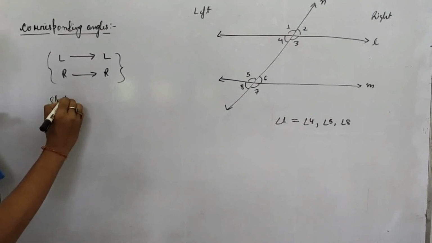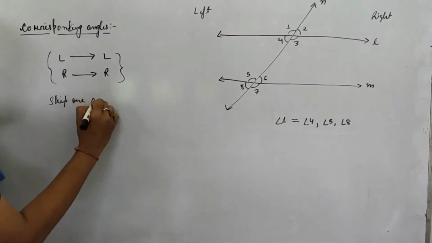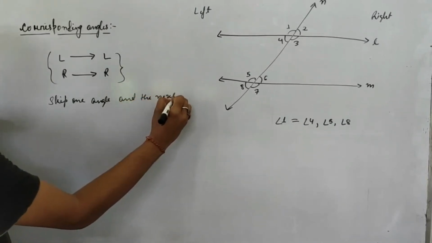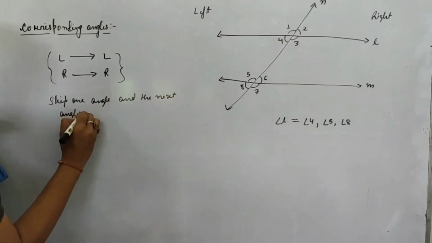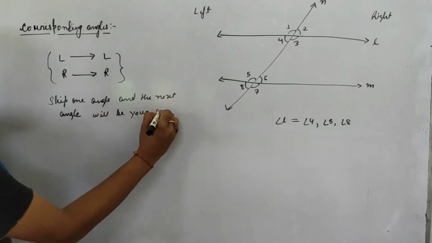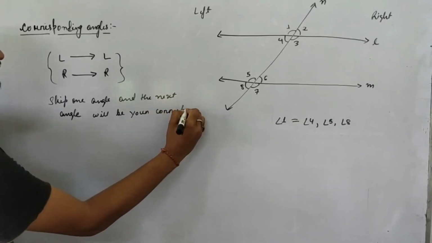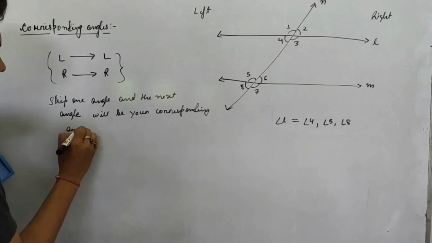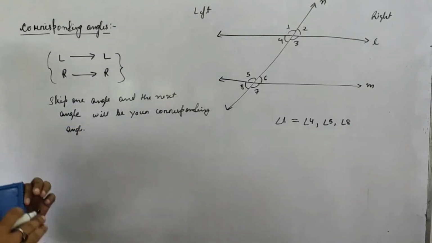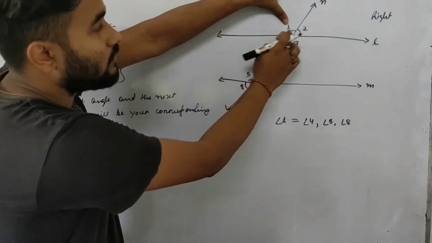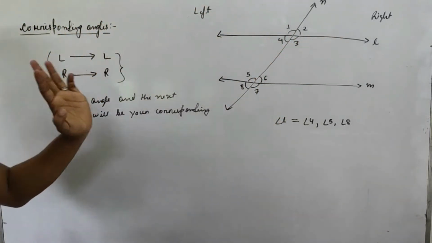Skip one angle and the next angle will be your corresponding angle. You have to skip the next angle. So if I've said about 1, that means you have to skip what? Don't go to the right side. If it is left, then it is left.